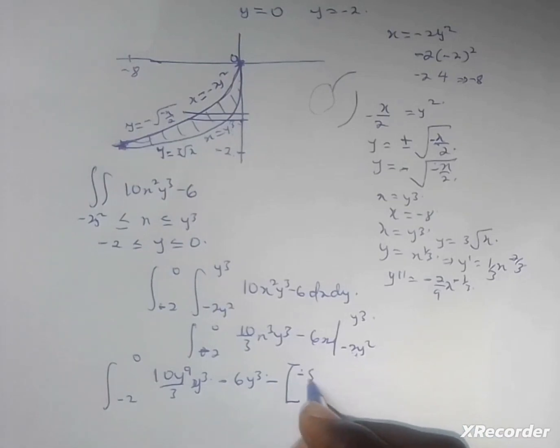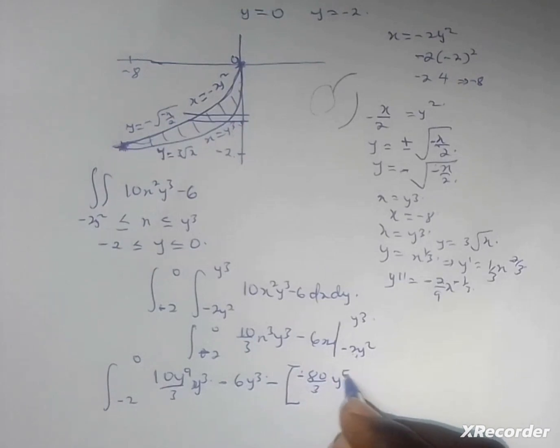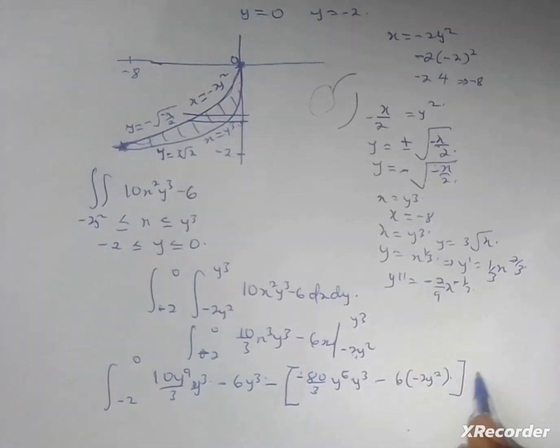So 10 over 3, this is going to give me negative 8, so negative 80 over 3, y to the power of 6, times y cubed, minus 6, negative 2y squared here. So I've integrated all the x, right? Yes.